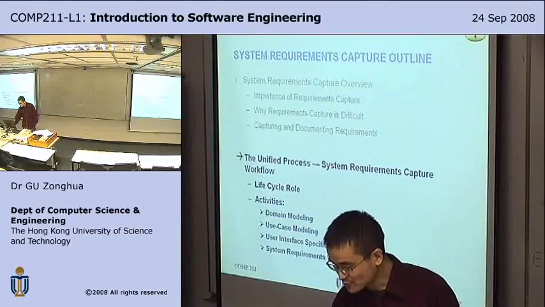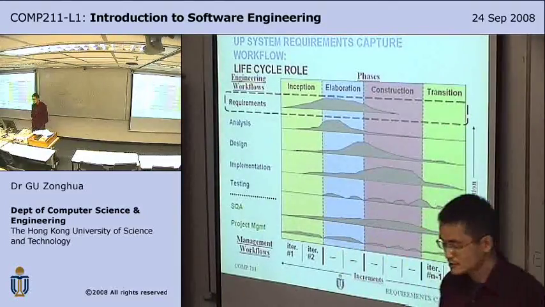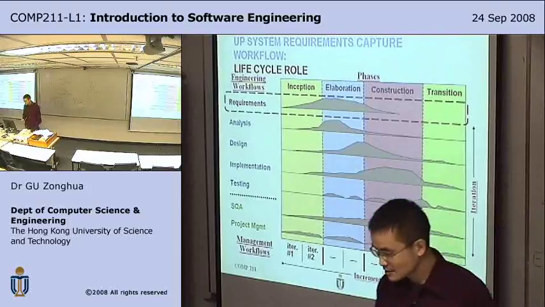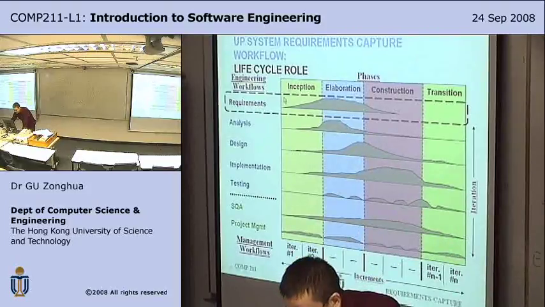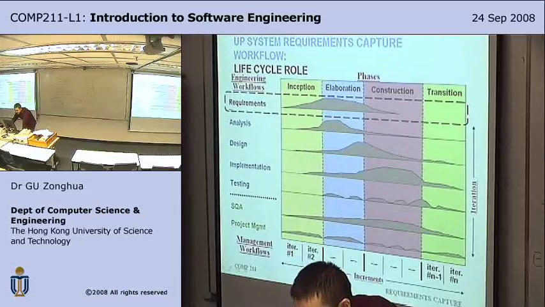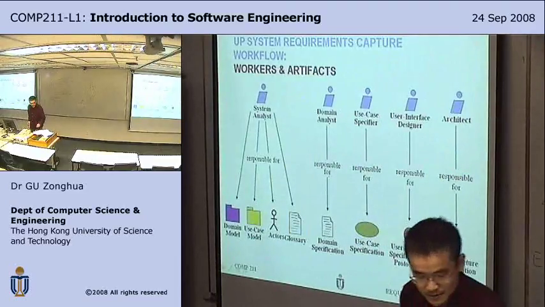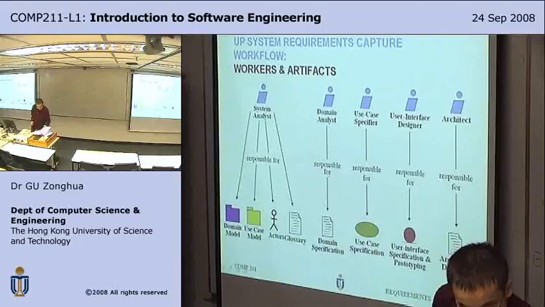So the unified process, the UP, we discussed the requirements. Essentially, it is done across all the stages, all the phases. 3 of the phases: inception, elaboration, construction. These are the workers and artifacts.